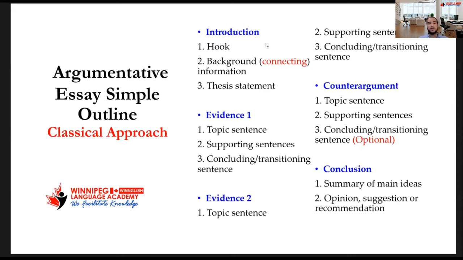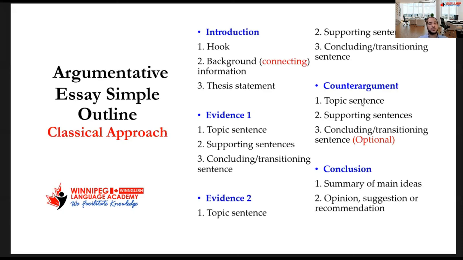I didn't mention evidence three here because we will be mentioning the counter argument in evidence three. So reason one, reason two, other reason, and you respond to it. So 1, 2, 3, 4, and then you conclude. Sometimes you mention your third point here, then you mention a counter argument, and then you mention the response or the refutation for this argument.